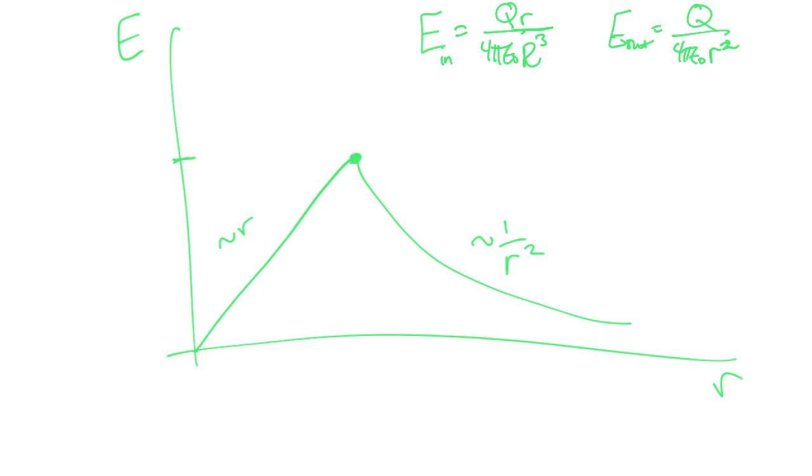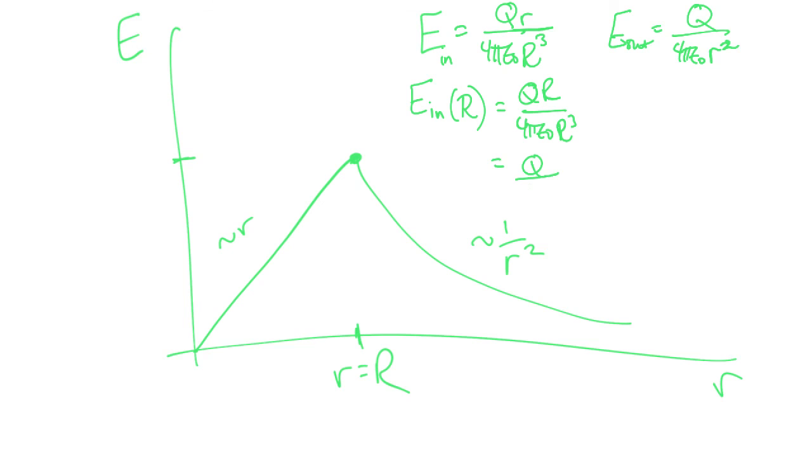So my question is, what is this at a value of r? At the location where I'm looking, at the radius of the sphere, that's what I'm evaluating here. So it's Q times capital R over 4 pi epsilon naught R cubed.